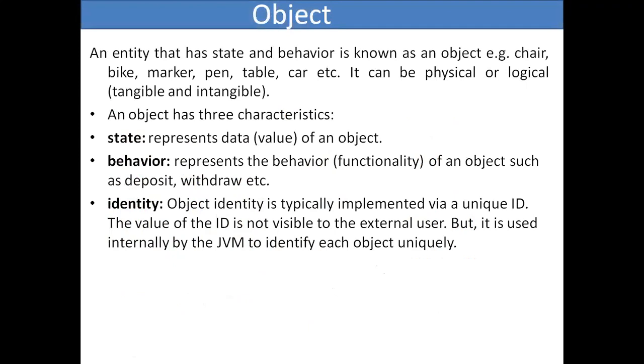Examples: chair, bike, marker, pen, table, car, etc. Why do we create an object? An object is basically a part of class that has permission to access the data of class outside the class. Let me show the example of class and object.